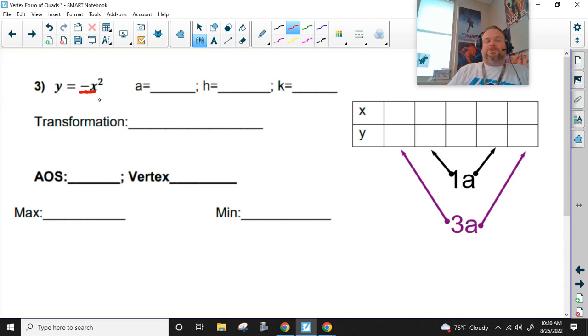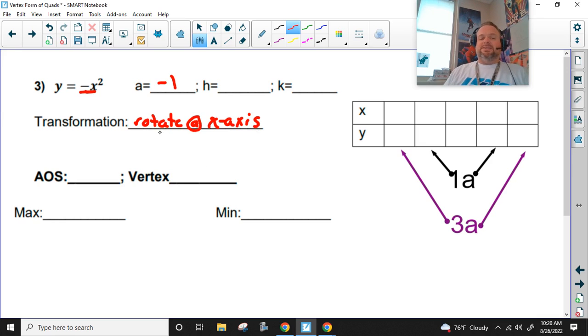On 3, what is our A value? -1. That changes some stuff now. So we have a rotate at the x-axis.